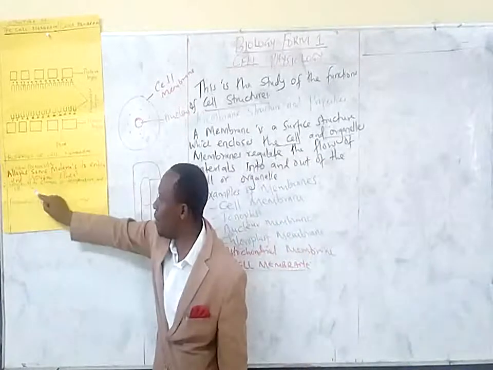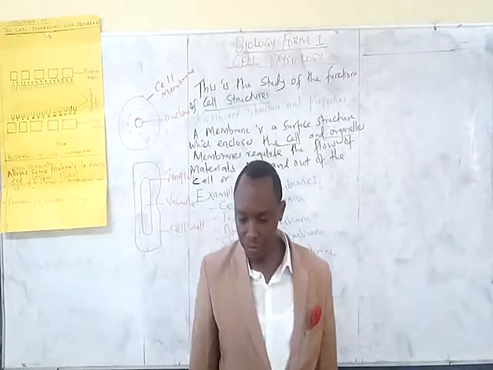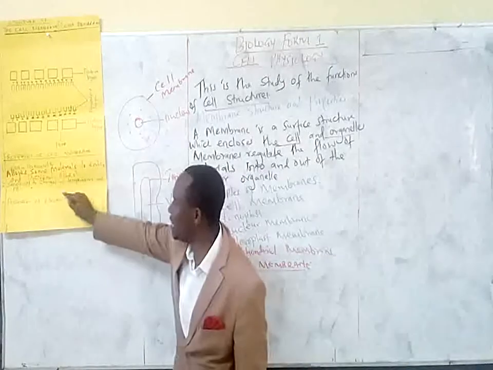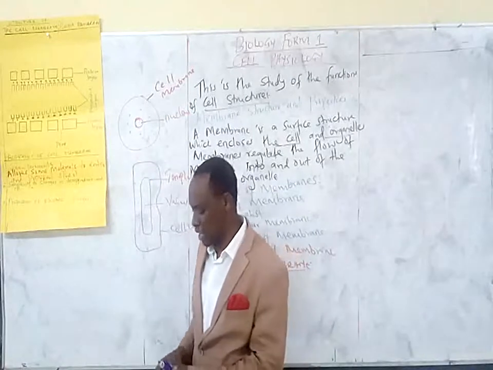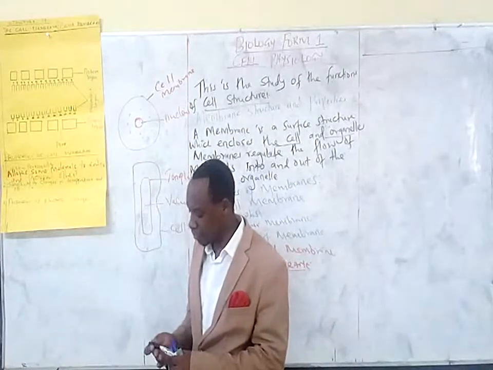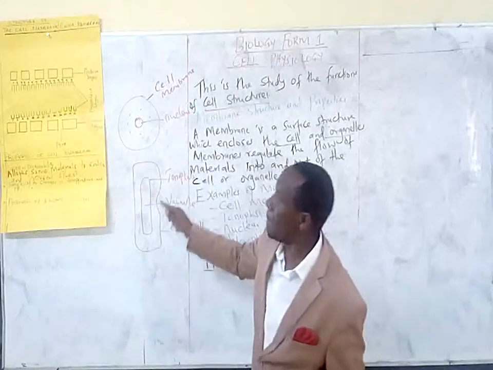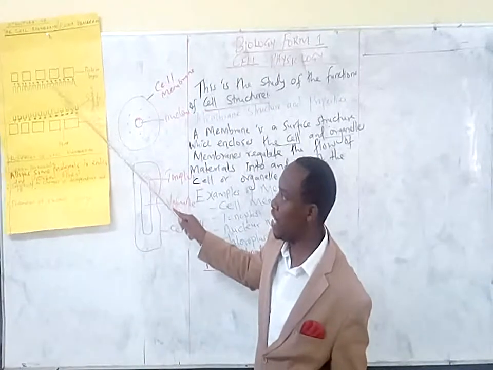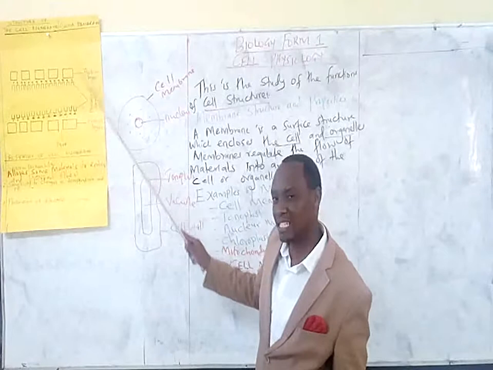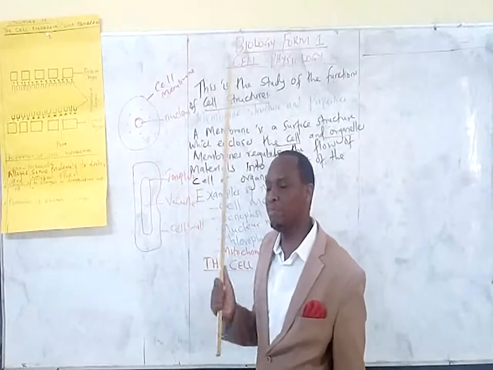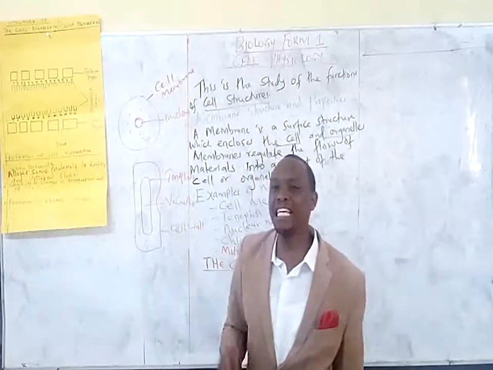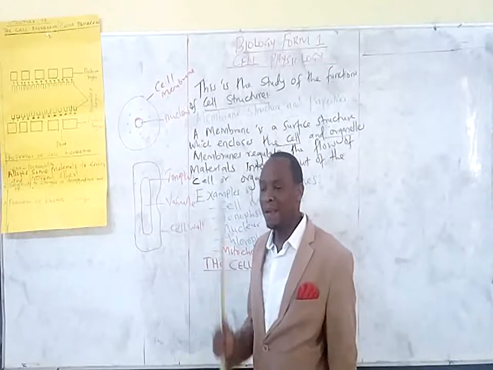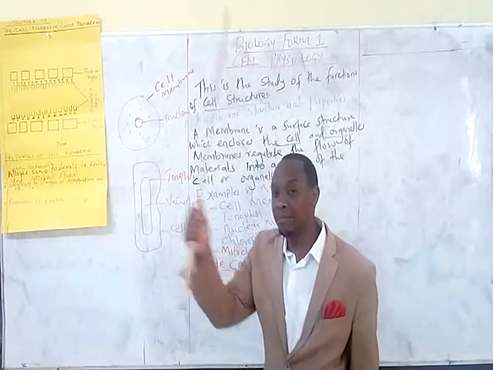Now, there is another property of the cell membrane. We always say it is sensitive to changes in temperature and pH. Why do we say this? Look at this, learner. In my demonstration here, we have two protein layers. And one of the properties of proteins is that they are denatured by extreme temperature.